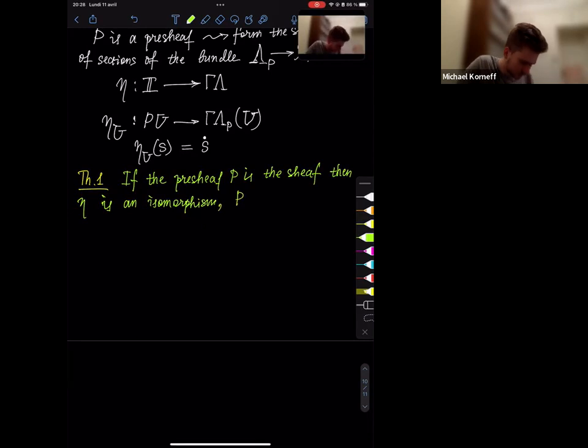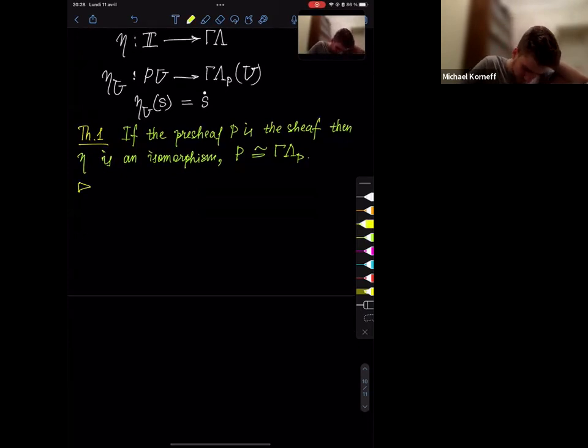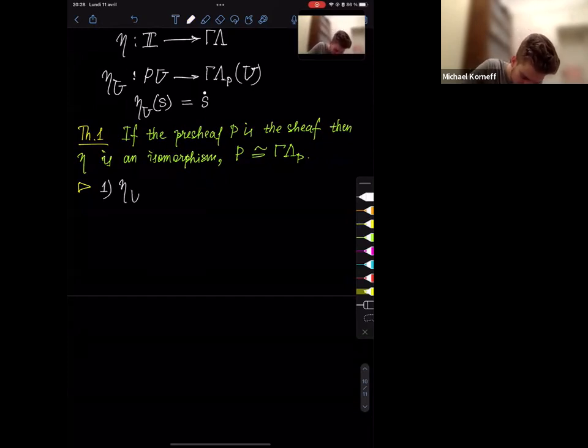And we have the following isomorphism. Okay. Let's prove this theorem. It is not hard. The first point is that eta U is an injection.